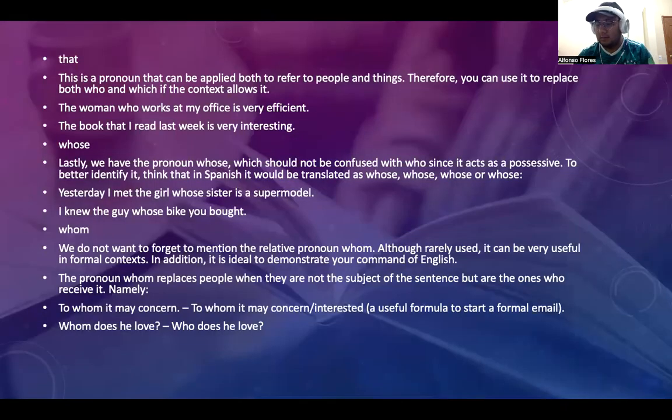That: this is a pronoun that can be applied both to refer to people or things.